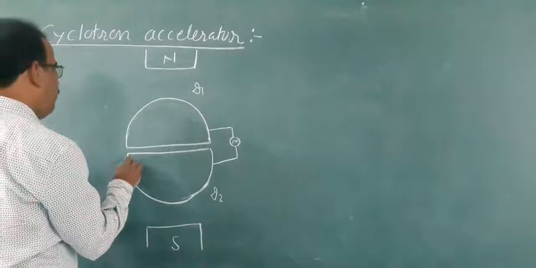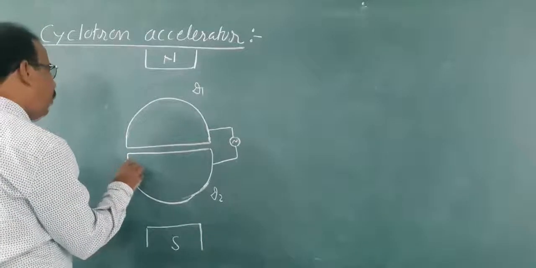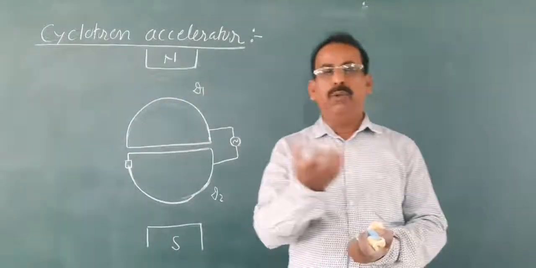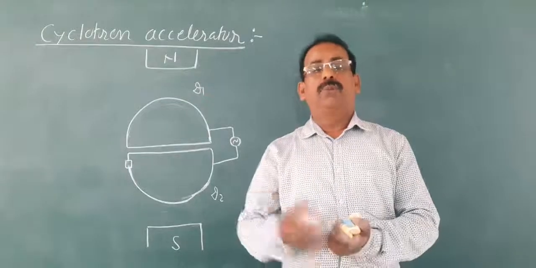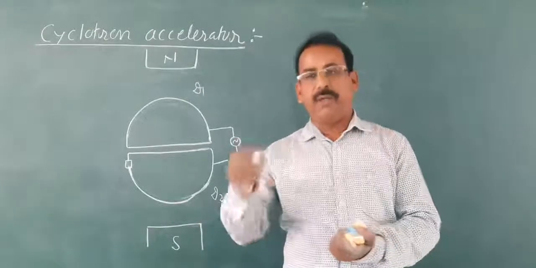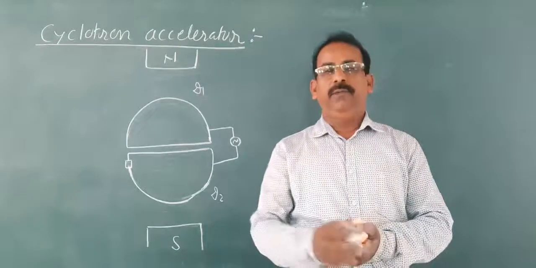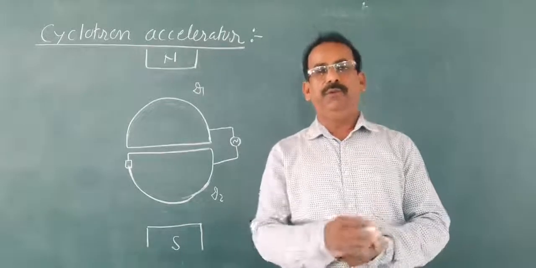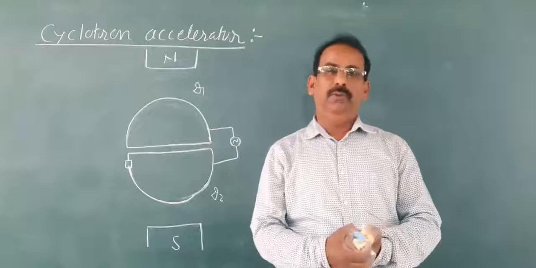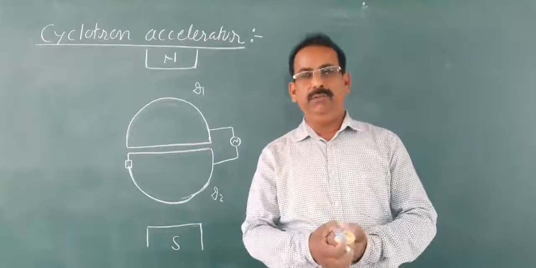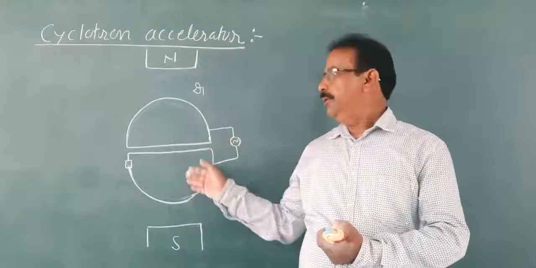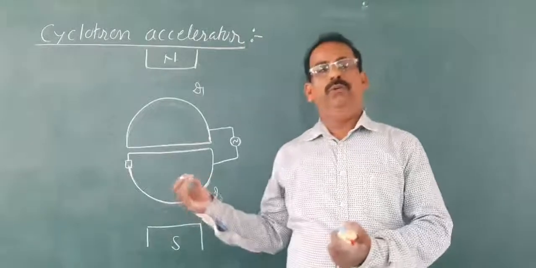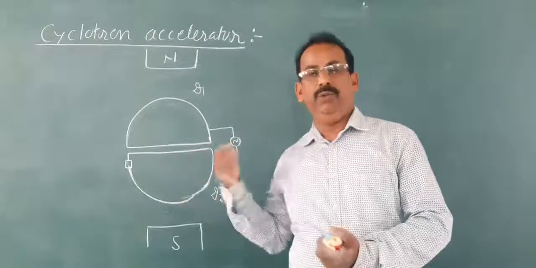To one D, there is a hole from which high energy charged particle can exit, can come out from that device. You can say window. There is a hole to one of the Ds. We have shown this hole to D2.